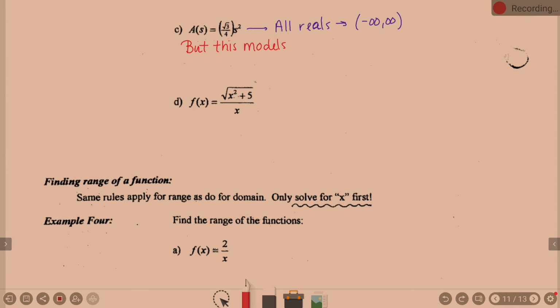So, but this models area of a triangle with side length S. Write that down, but then tell me, how does that affect my answer?